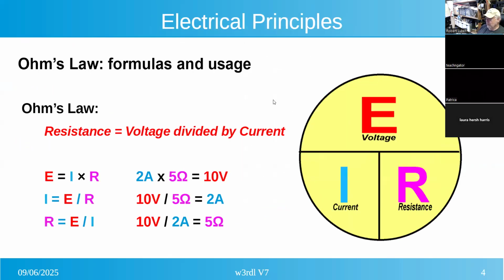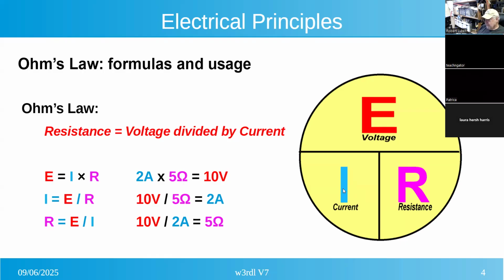To help people remember it, they came up with this little pie chart. If it helps, this is one of the things you can draw on the back of your answer sheet. Just draw a circle, divide it in half, and then divide half of that in half. And you put E at the top, and I and R. So if you want to find voltage, you put your finger over the E, and the voltage would be the current times the resistance.